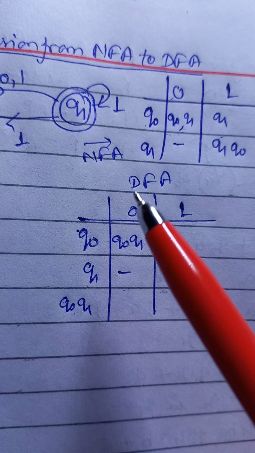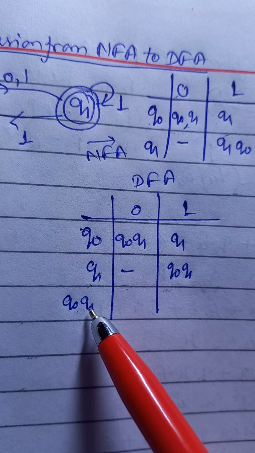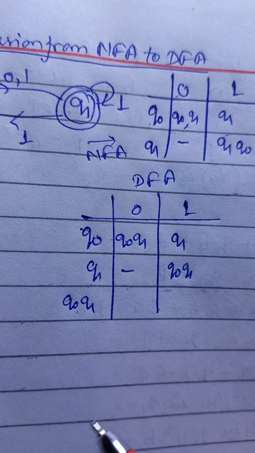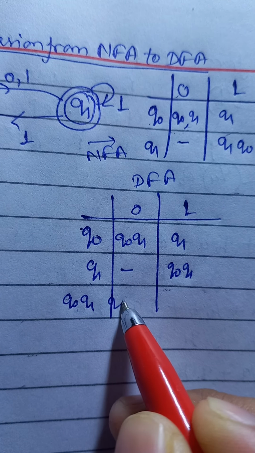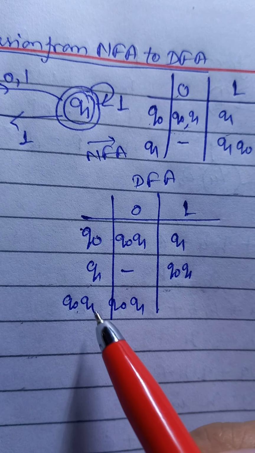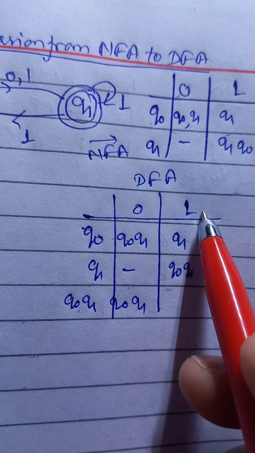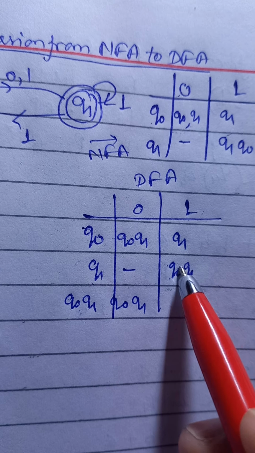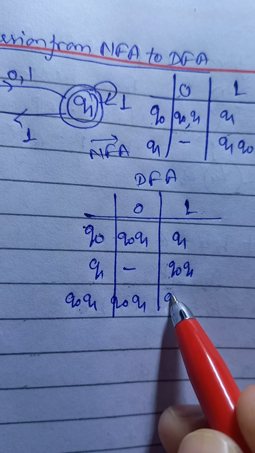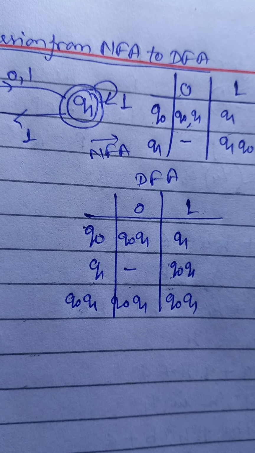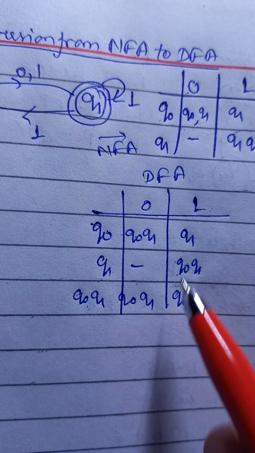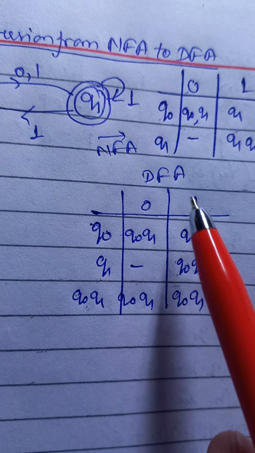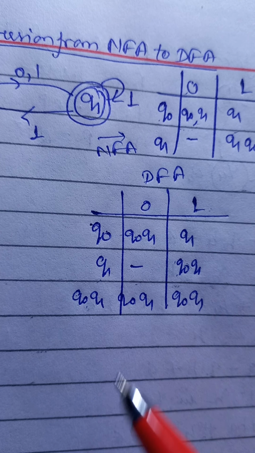So combining them, for 0 transition we will get Q0 Q1. And for transition 1, because in both states Q0 Q1 is present, we will get Q0 Q1. So these are all the states which we have. There is no new state when we go towards DFA.